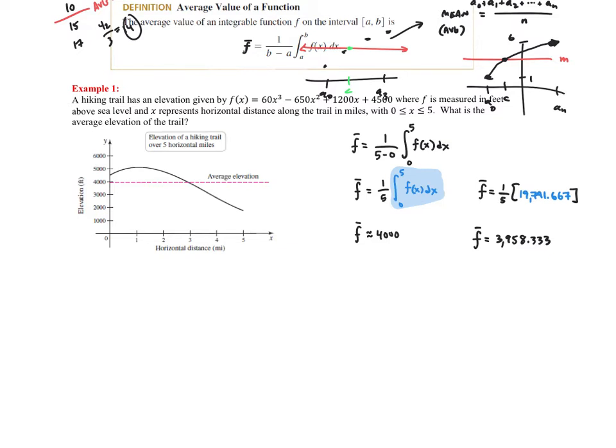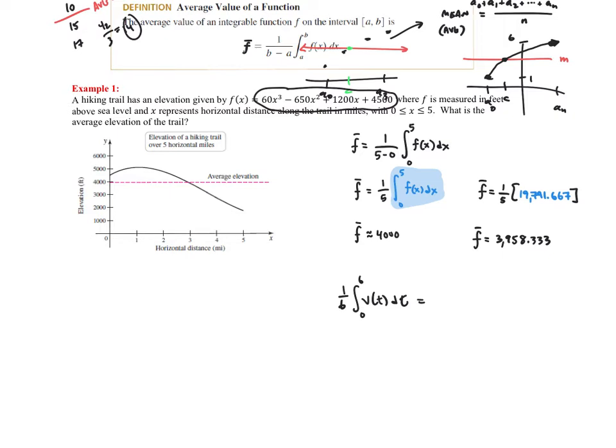Now the point of this isn't necessarily for me to be able to algebraically integrate this expression. The point is to see that you can use the area under the curve to find the average value of the function itself. So the average velocity from 0 to 6 would be 1/6 of the change in the velocity, which makes sense, right? 1/6 of the change in velocity, or change in position.